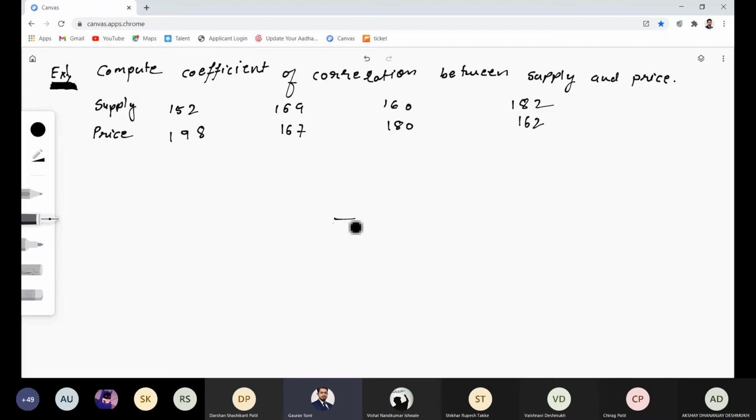Just do it. Tell me the final answer, r of xy. What are the columns? X, Y, xy, x square, y square.